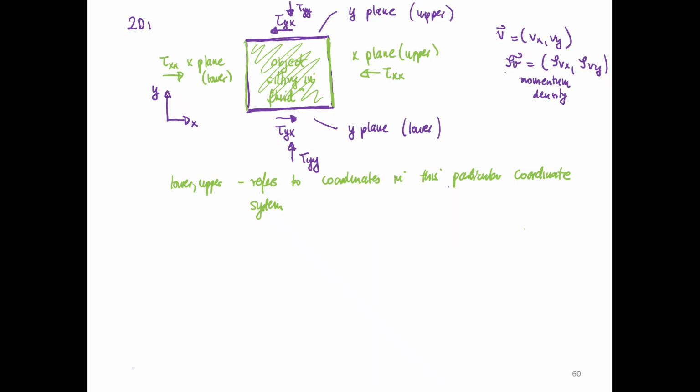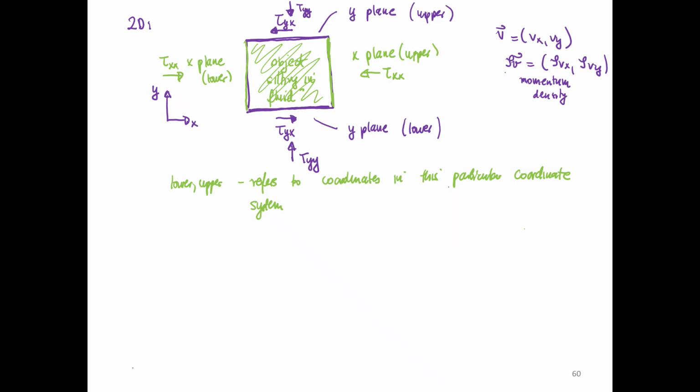Now let's figure out how this arrow is going to point. So xy, they're going to be parallel to these sides. So it's going to point this way or that way. All I know is that the opposite sides should point in opposite directions from each other. So how do we think about this? There's this object sitting in fluid. The fluid on this side, does it have lower x coordinates or larger?